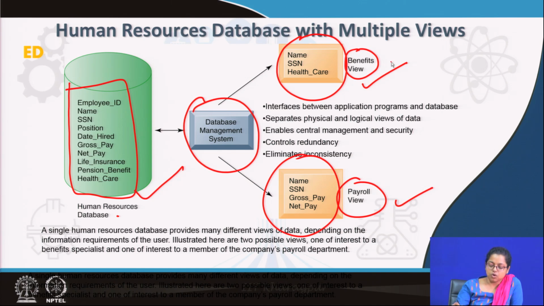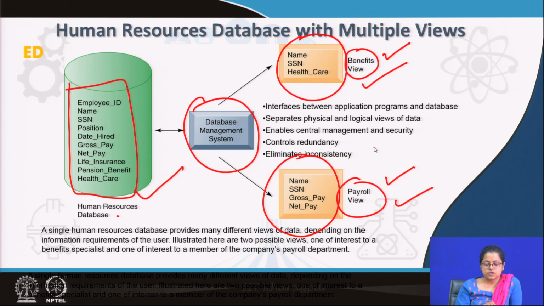As we see, the logical views are visible to the benefits personnel and the payroll personnel, but they need not see how the data is actually stored. So this DBMS enables central management and security. It also controls redundancy and eliminates inconsistency because there is hardly any overlap of data.